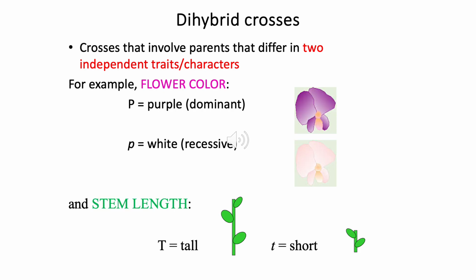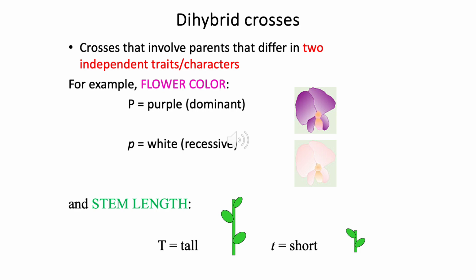Now we want to learn about dihybrid crosses. Compared to monohybrid crosses that involve only a single trait, the difference is that dihybrid crosses involve parents that differ in two independent traits or characters.